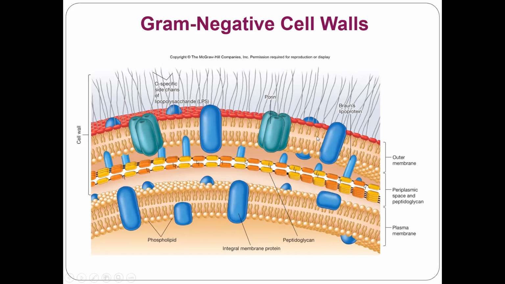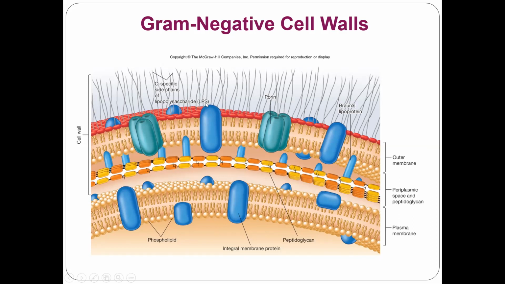Now outside of the membrane, you will see something very important: the porin, LPS, and braun lipoprotein. Now, porin is usually something like a channel, and the LPS we call lipopolysaccharides.